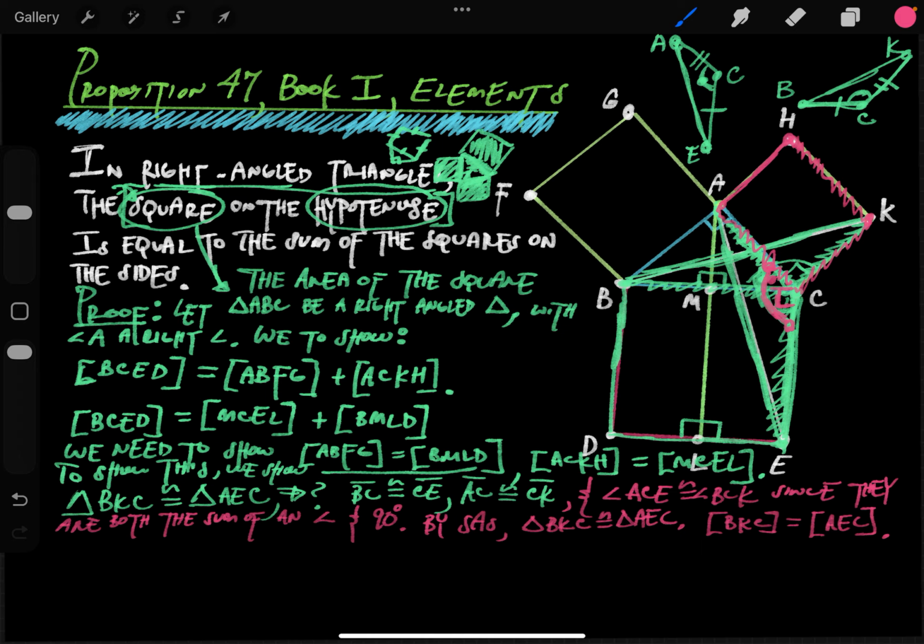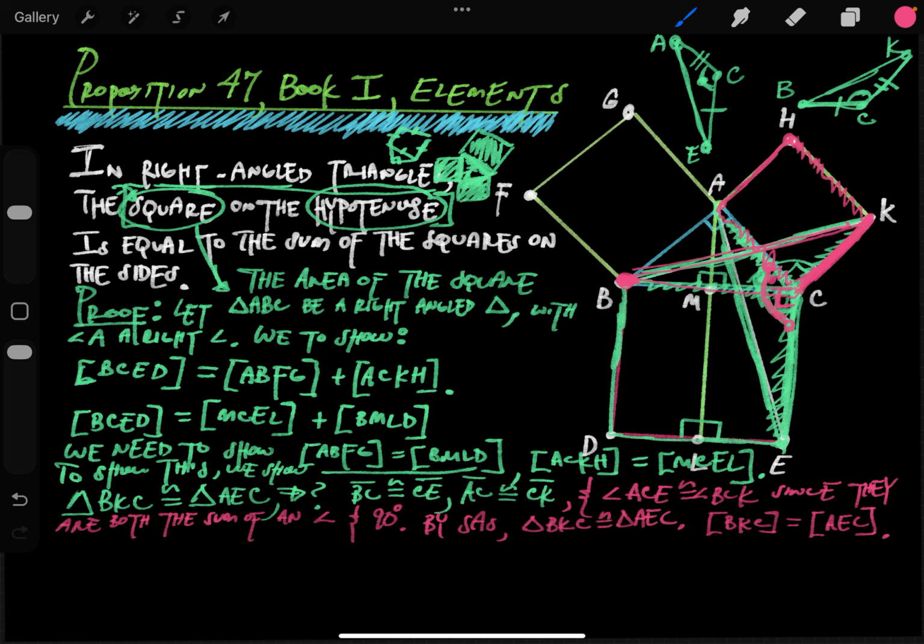So what we can say is, if we look at this triangle BKC right here, and we say to ourselves, okay, if CK is a base, then what's the height? Well, the height goes from B, because that's the point corresponding with side CK.